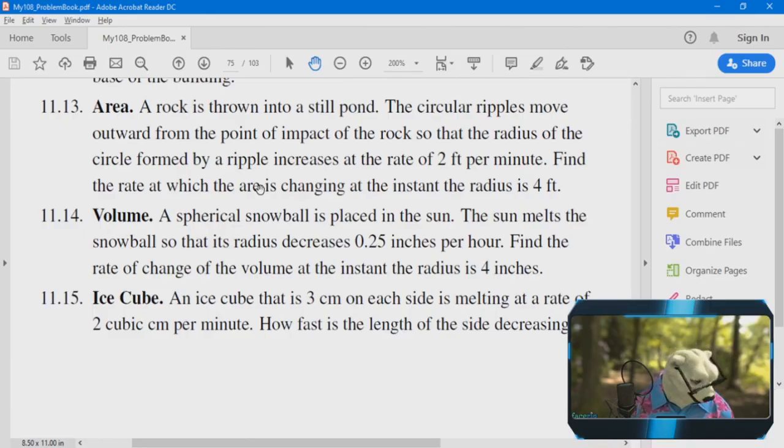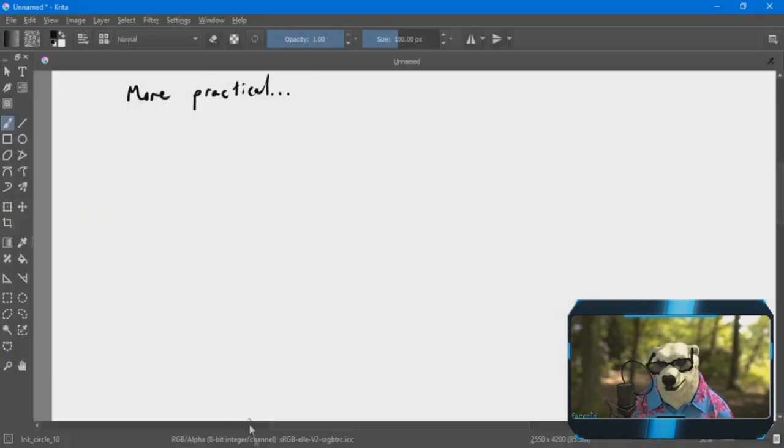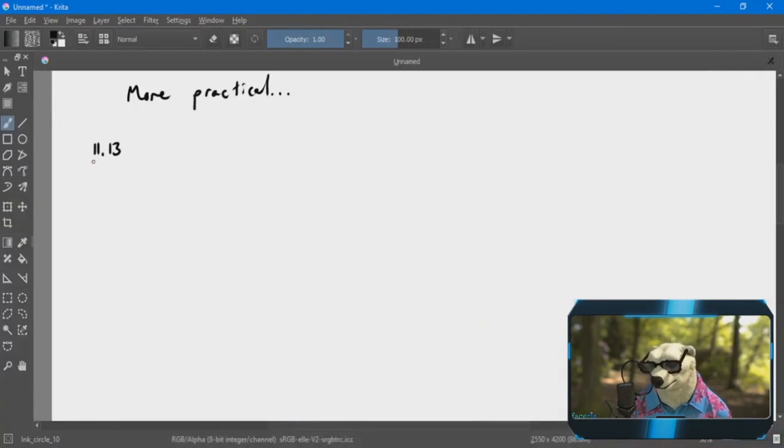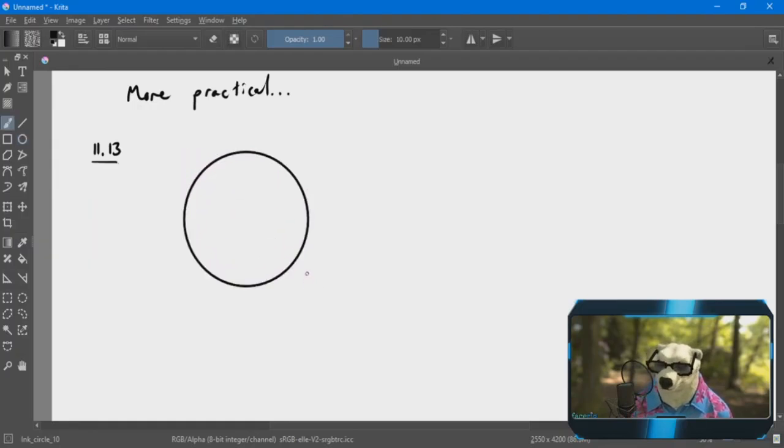So let's have a picture and see what this situation looks like. This is our basic kind of related rates question, and then we'll look at variations. So let's draw a circle. 13, there we go. So let's draw a circle. There's my circle.